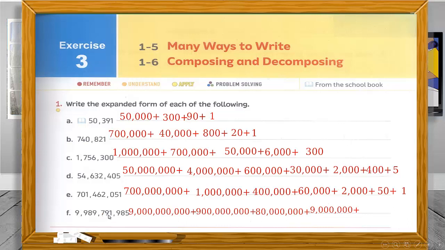Then the next period in thousands, we have 7, write 700,000. 9 in 10,000, so write 90,000. 1 in the 1,000's place, so write 1,000. And the last period we have 985.